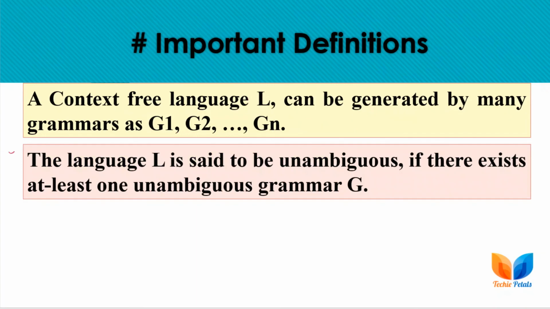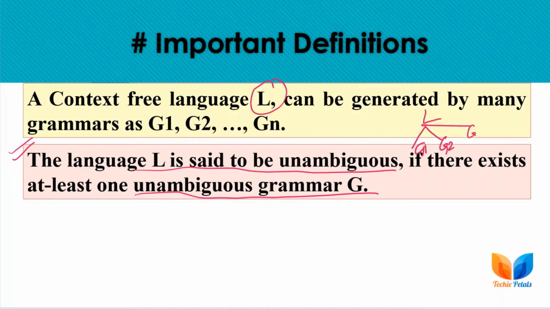Now the important part: a language L is said to be unambiguous if there exists at least one unambiguous grammar G. Suppose for a language L we have three grammars G1, G2 and G3.